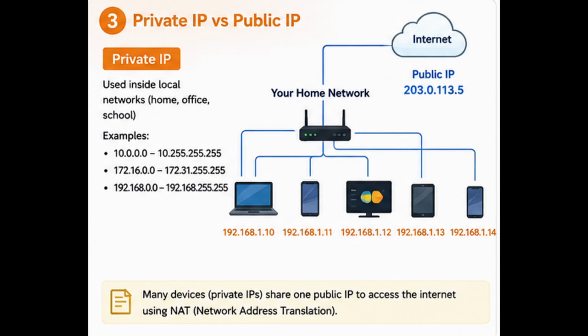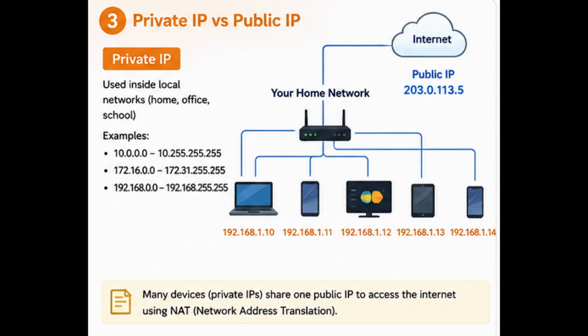Common private IPv4 ranges are mentioned in a table. For example, your laptop might have a private IP address like 192.168.1.10. Your smartphone could have 192.168.1.11.